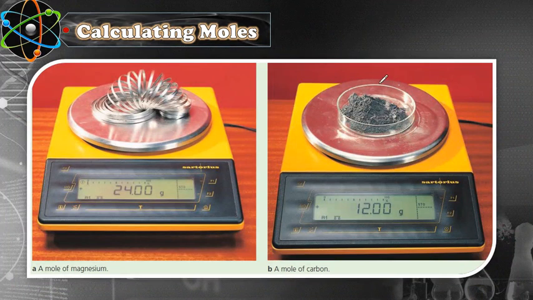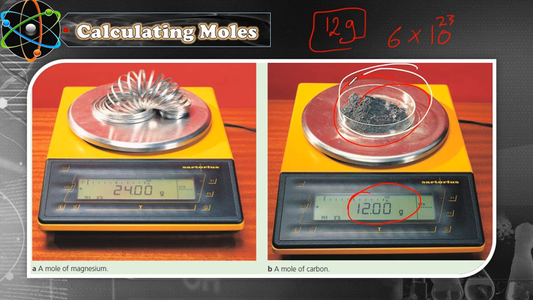So carbon, the relative atomic mass of carbon is 12. So in 12 grams of carbon we have 6.02 times 10 to the power of 23 atoms. In this small dish, which contains carbon, in 12 grams you have 6.02 times 10 to the power of 23 atoms of carbon.